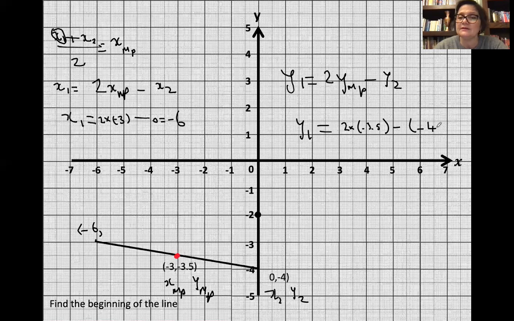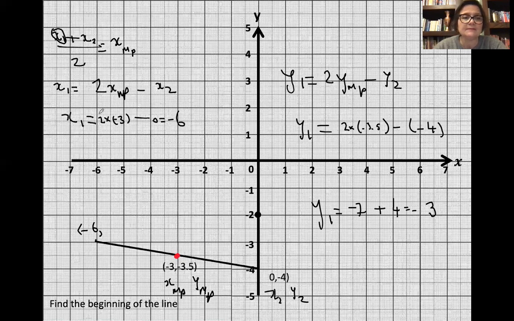Here, we need to pay a little bit of attention because we are dealing with negative numbers. So y1 equals 2 times minus 3.5, which is minus 7, right? Now, minus minus 4 is plus 4. Minus 7 plus 4 equals minus 3.